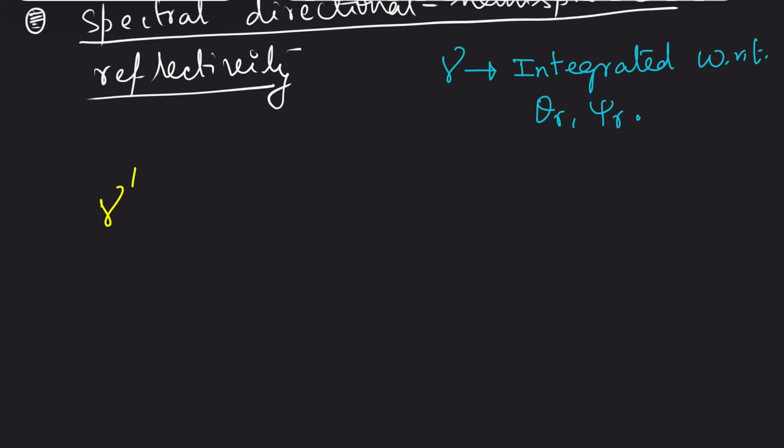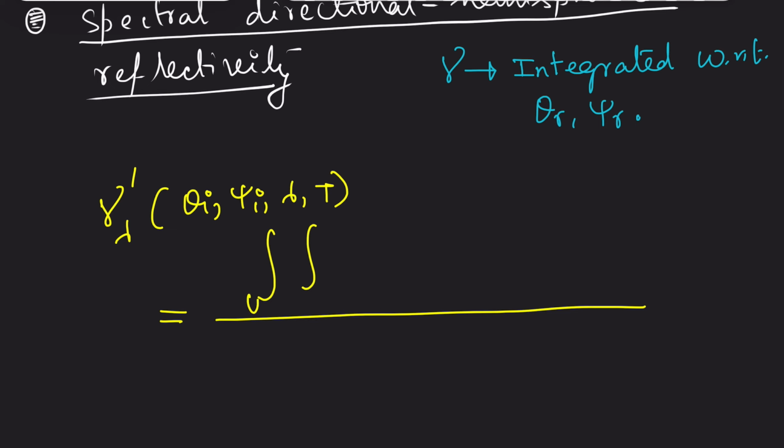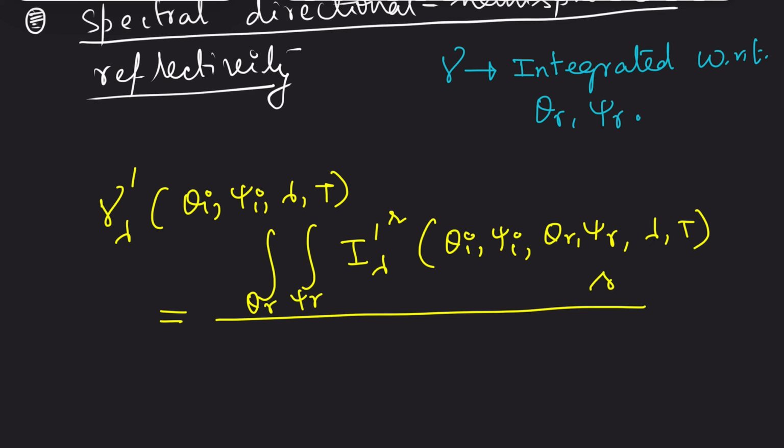This will have one dash, lambda. It will be only a function of theta I psi I lambda and t. This will be defined as our theta r psi r I lambda reflected, and that will be a function of all the things, theta r psi r and lambda comma t, but now it will be integrated with respect to sin theta r d theta r d psi r.